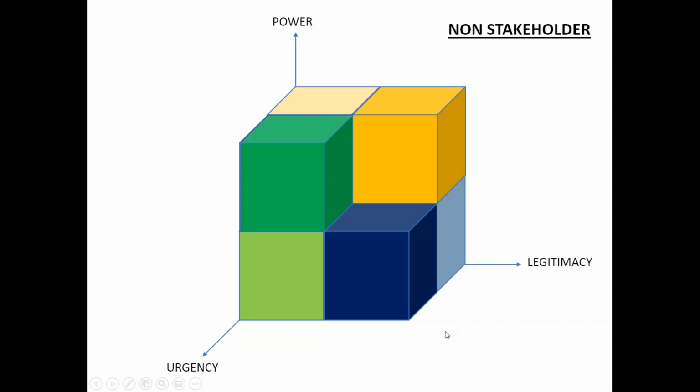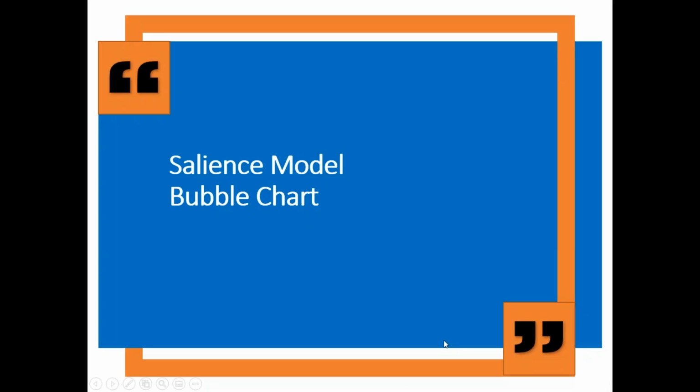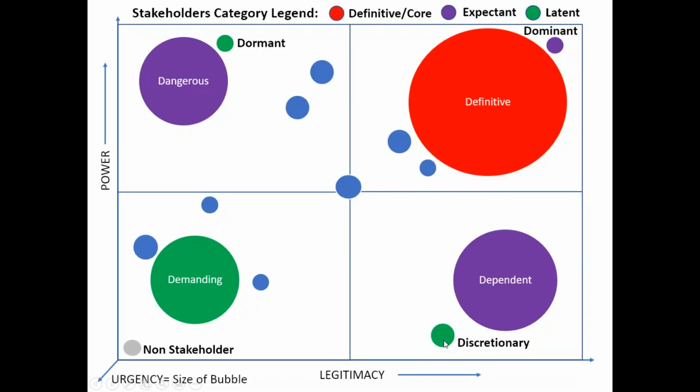We can also represent the whole of this into a bubble chart or a salience model, and that would look something like this. A big bubble in the top right quadrant is definitive. A small bubble in the top right quadrant is dominant. A big bubble in the bottom right is dependent, and a small bubble in the bottom right is discretionary.